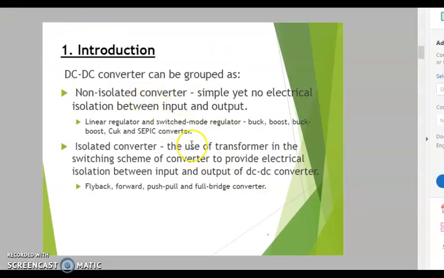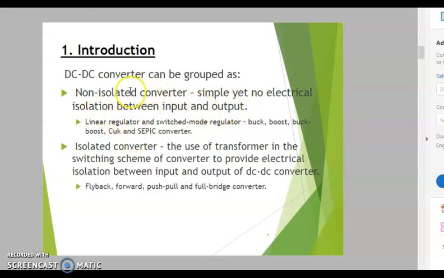Okay, we refer back to the slide. For DC-DC converters, we can categorize them as non-isolated or isolated converters. A non-isolated converter is a simple electrical conversion circuit to convert between what we have as input and output.